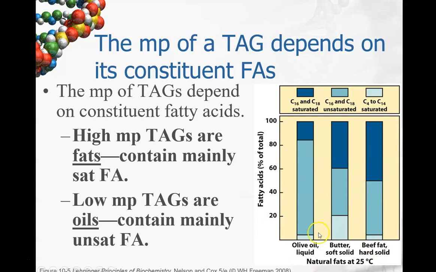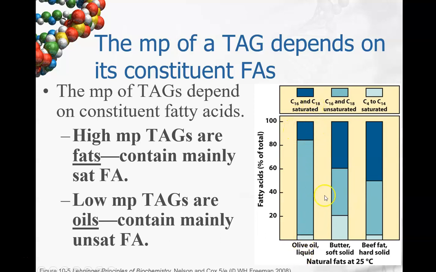So dietary sources are actually not a single type of triacylglycerol. They're usually mixtures. If we look at something like olive oil, you can see that olive oil mainly consists of carbon 16 and 18 fatty acid chains, and mainly they're unsaturated. We have a small amount of smaller sized saturated fatty acids and some C16 and C18 saturated fatty acids.